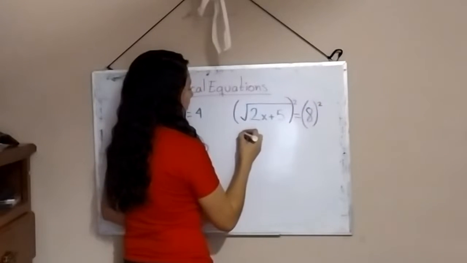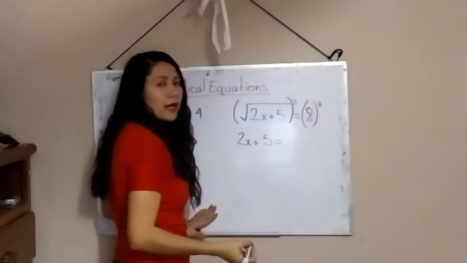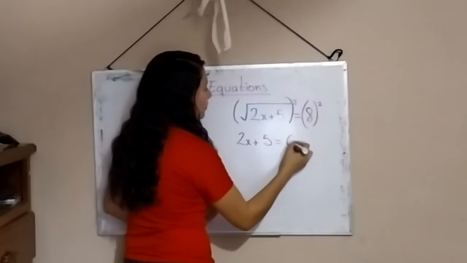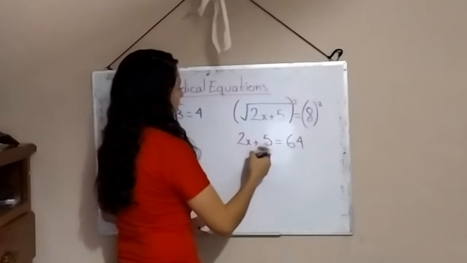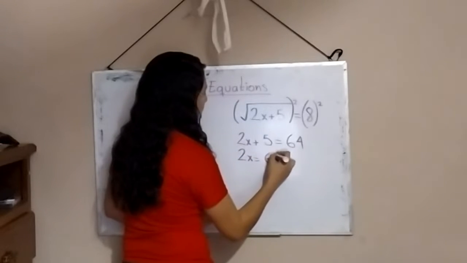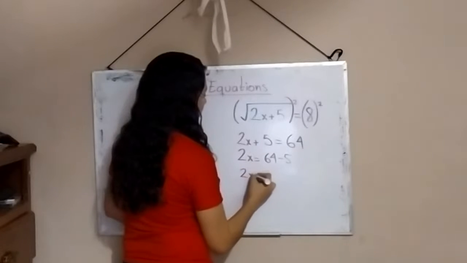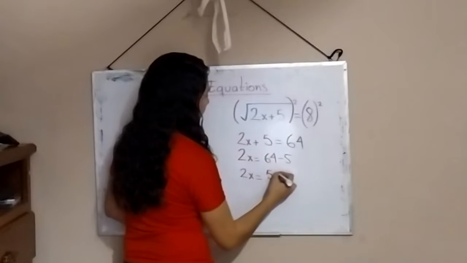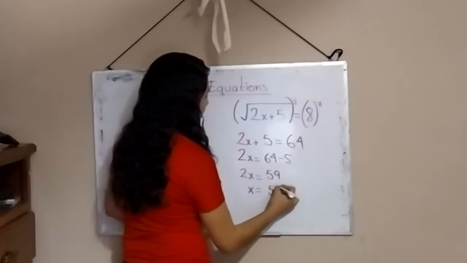We have 2x plus 5 equals 8 squared, which is 64. And we solve the equation. 2x equals 64 minus 5. 2x equals 59.